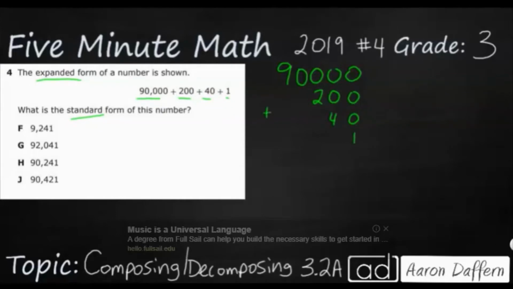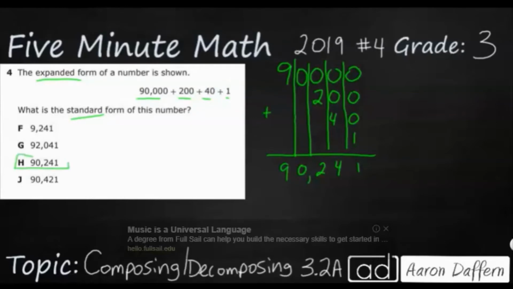But if you can keep everything in a line, these problems are pretty easy because you can just treat them as an addition problem. So we've got 1, that's 4, that's 2, 0, and that's a 9. So the answer is 90,241. But that's the long way.